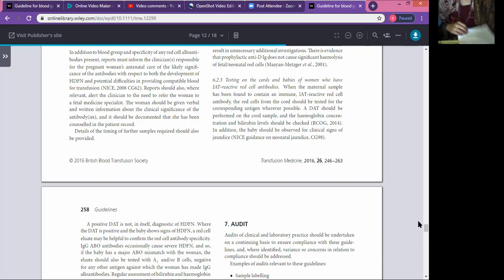One special thing about NTD was we need to be very certain not only about the titer but also whether it's immune or passive in nature.